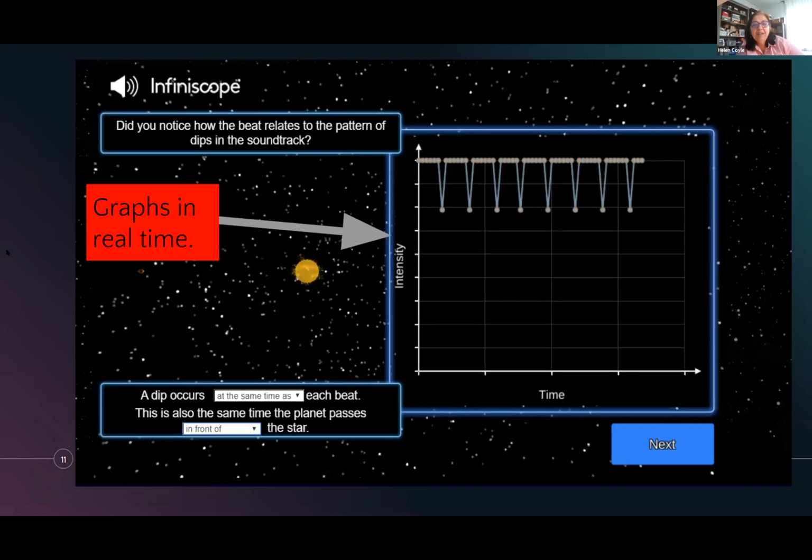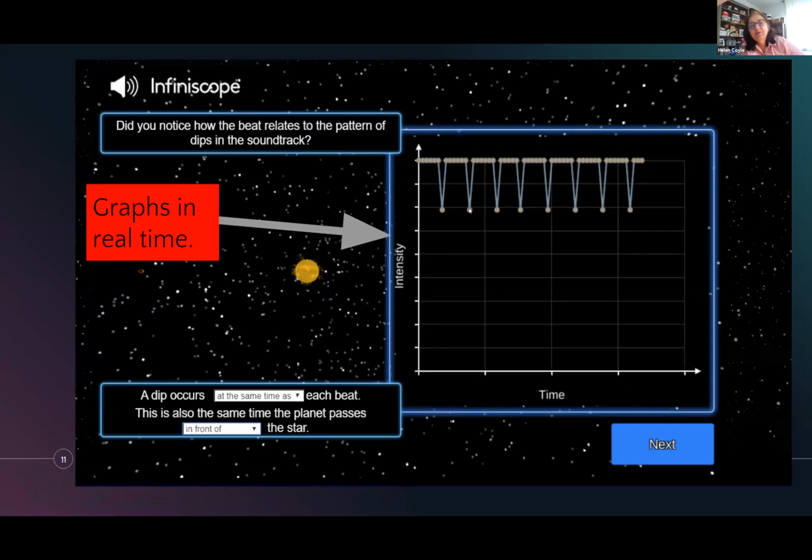And I absolutely loved the graphs and the math, and I'll show you why. This is a still shot on the actual Celestial Jukebox screen. You see the planet going around and around and around like this. As the planet is orbiting, the graph is created in real time.